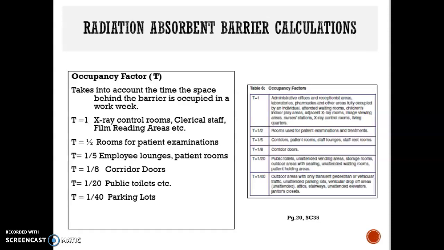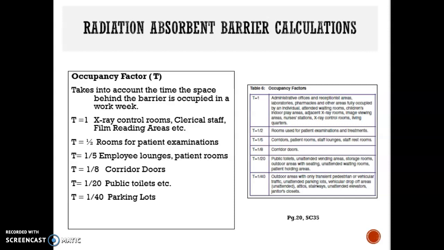This is an example of the occupancy factor. And once again, just like with the use factor, there are different values associated with each. The occupancy factor takes into account the time the space behind the barrier is occupied during the work week. So it's occupied maybe half of the time, or 1/8 or 1/40. It's assigned a certain value based on its use.